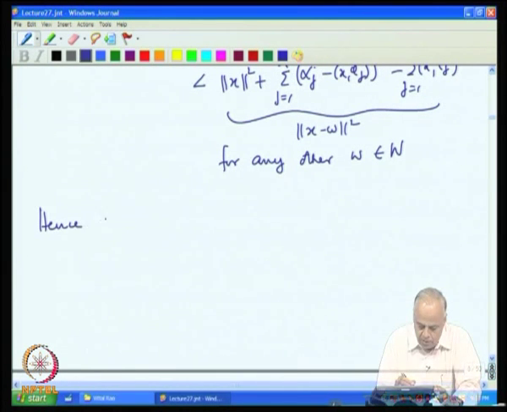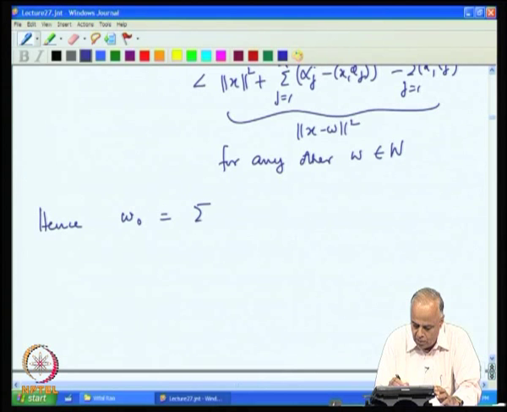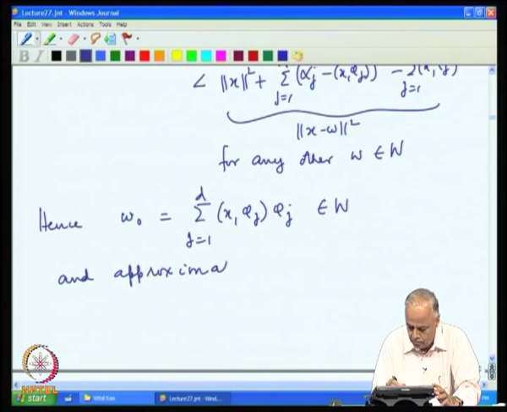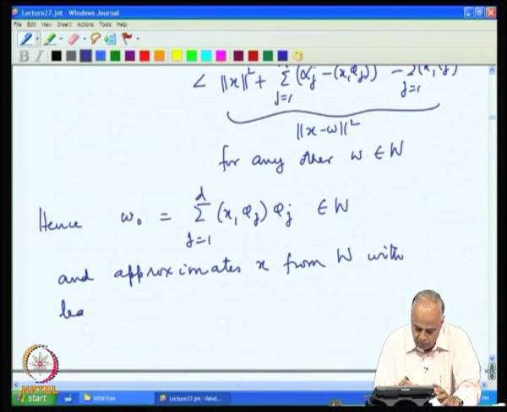Hence, w naught equal to summation j equal to 1 to d x phi j belongs to W and approximates x from W with least error, least square error.